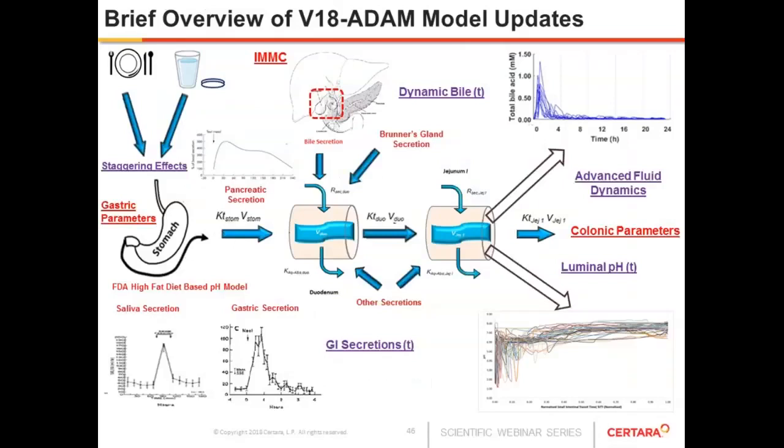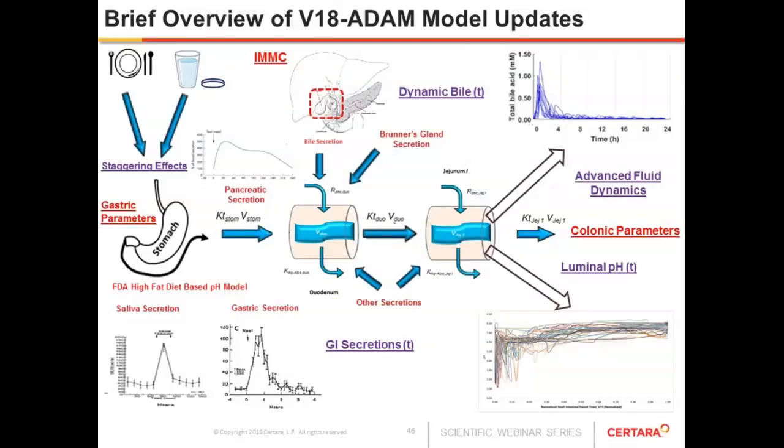This is quite a busy slide, as you can see, but the main intention is to show the new changes coming up as a part of version 18. As I mentioned, users can have staggering of fluid as well as food with respect to the perpetrator as well as the substrate, so the staggering food effect has been added into the simulator.